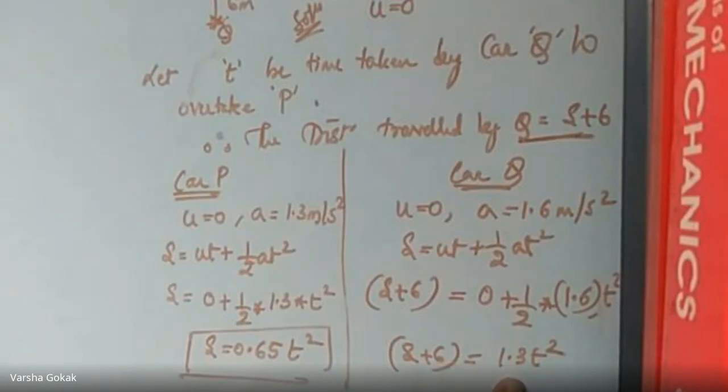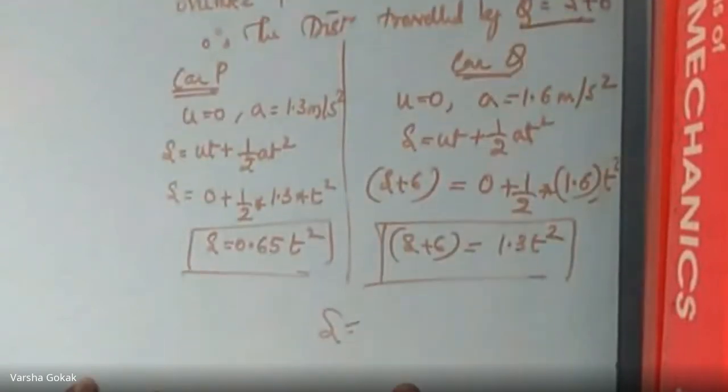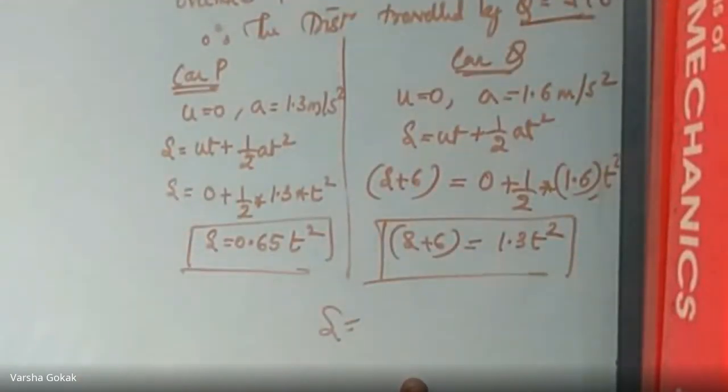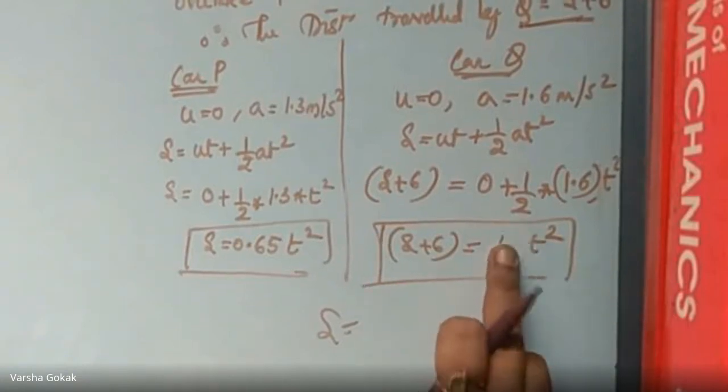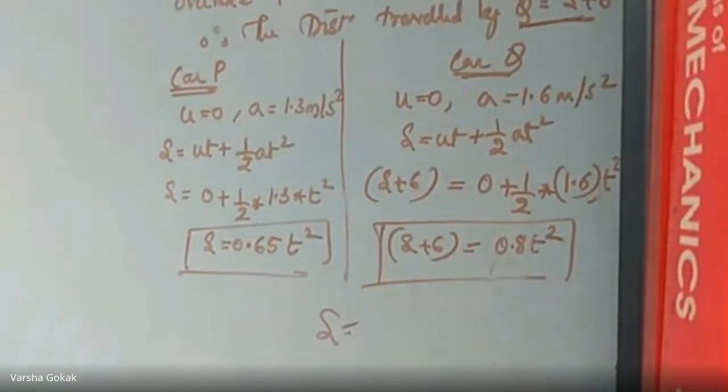So now I have to make use of these two equations and get the value of S. Can you get me the value of S? Solve, let's see. Sorry, not 1.3, 1.6, half of that is 0.8. I was thinking what went wrong.